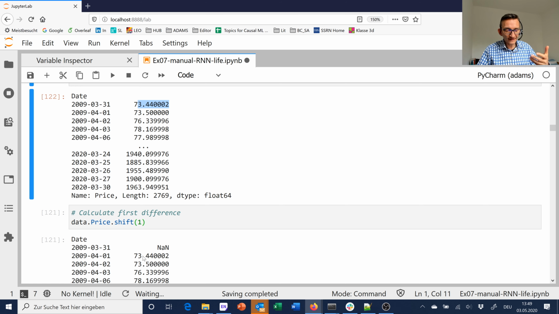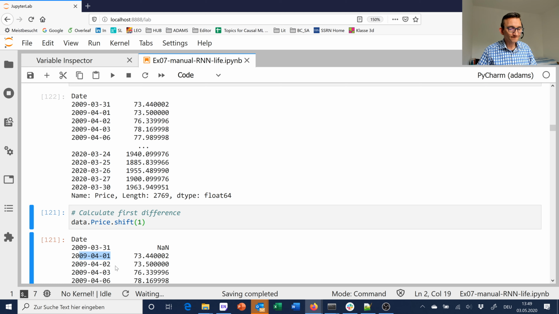That is to say, the implication here is that now in this data frame after calling shift, I would see the stock price from the last day of March in the row that refers to the first day of April. So considering that this here is the first day of April, that's actually the last stock price, or the stock price one day before, T minus 1. That's T minus 1.